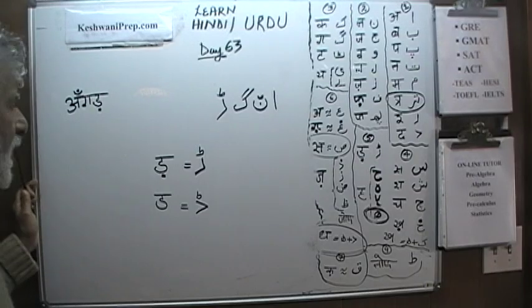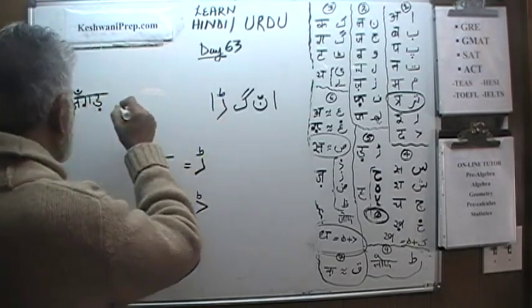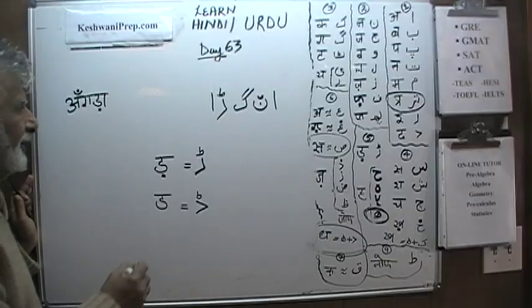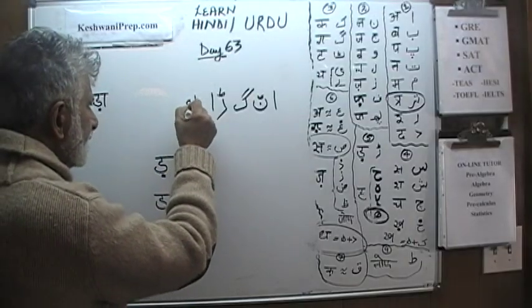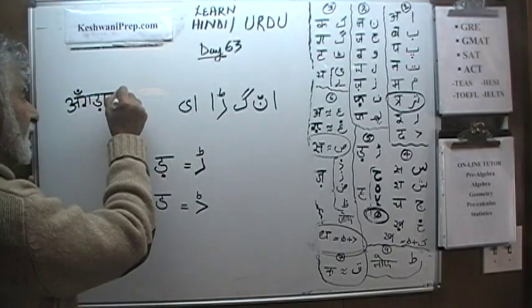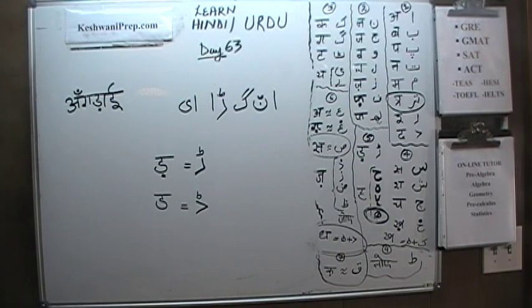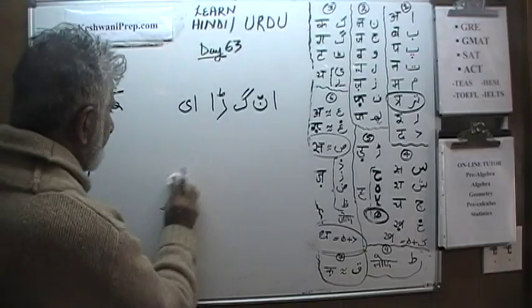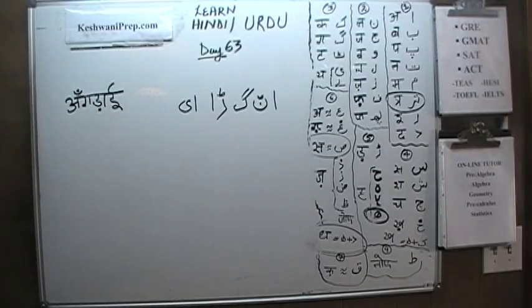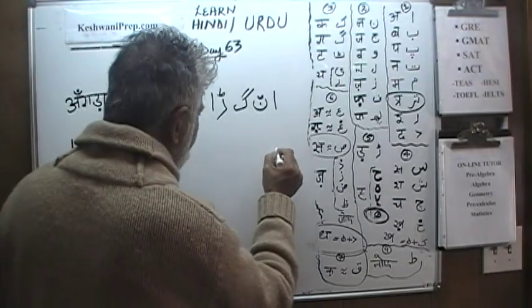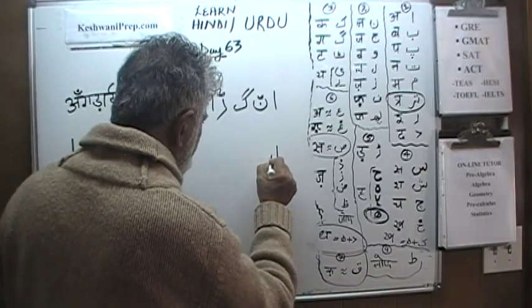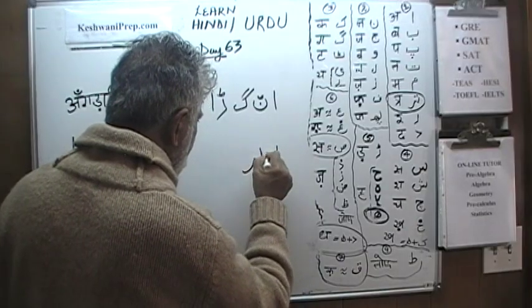Ang, ra, we need ra, a ki matra. Ang, ra. And then you need e, which is alif and a badi e. And now it reads angrai. We have to put all of that together. Let's do it together. So this is how it looks like. Alif, noon, ga, re.